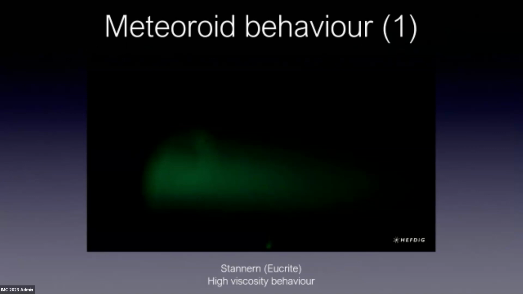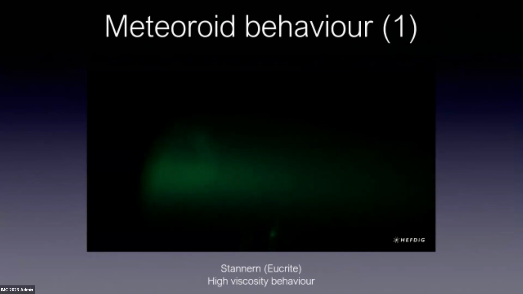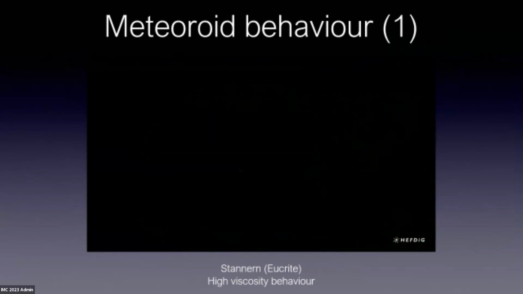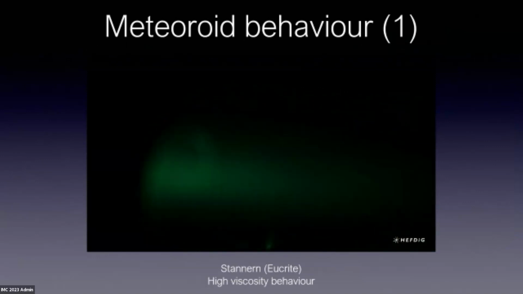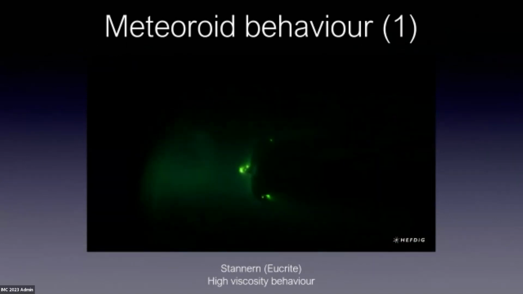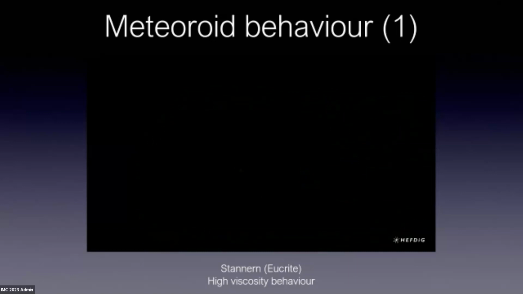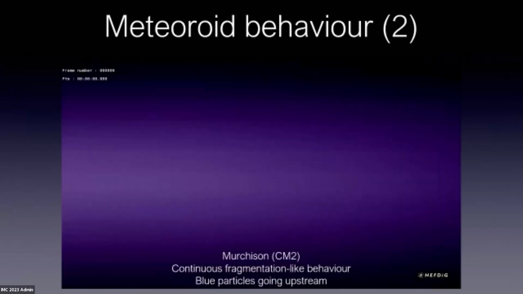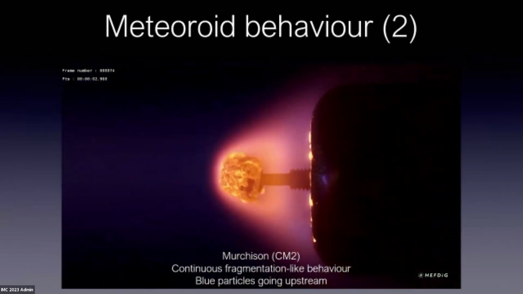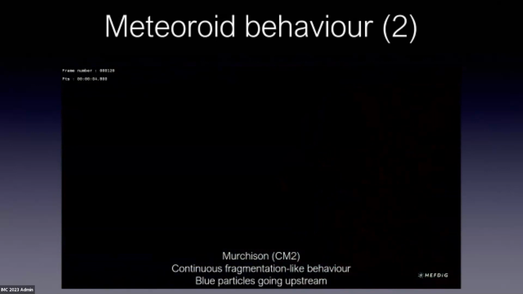So this is the Stalin meteorite. This shows you what happens when you smoke a meteorite. So here comes the sample, and now it's burning, and you can see that it looks like a high viscosity. Okay, you see some pieces coming off, and it's very different from this Murchison meteorite, where you can see lots of very small droplets going off.